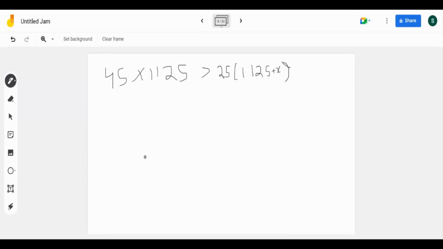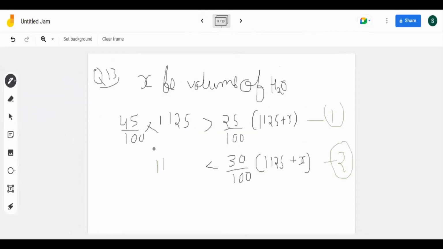If we divide by 25, we get 2025 is greater than 1125 plus x. So we get x is less than 900. This is our first inequality. Similarly, the second inequality we can solve by multiplying by 100 and then dividing by 30.